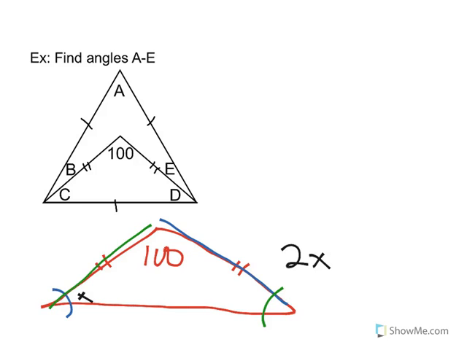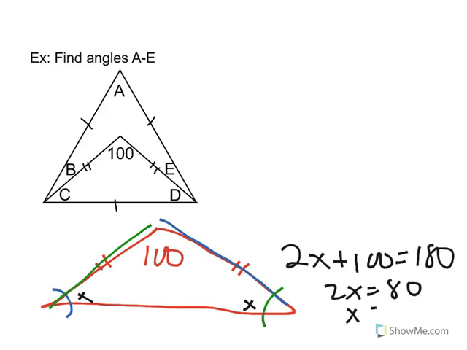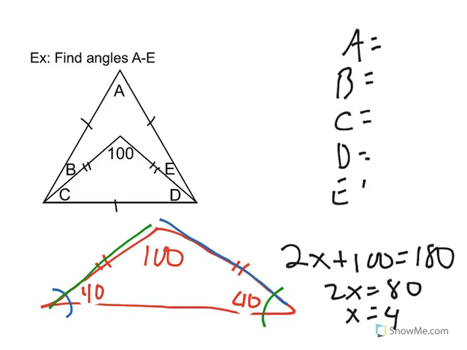So you could say that 2x plus 100 has to give you 180. So that means that both of those angles are 40 degrees. So we want angle A, B, C, D, and E. And we just found C and D. C and D are both 40 and 40.